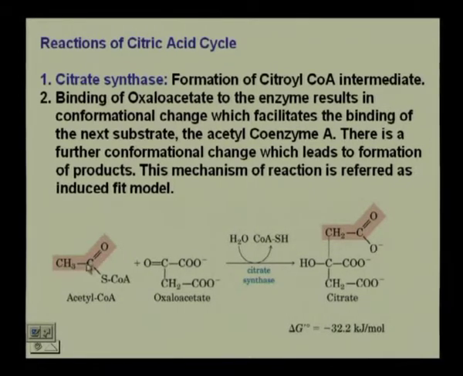So, when we have this acetyl CoA and we have oxaloacetate, oxaloacetate has 4 carbon atoms. We are adding acetyl to it. So, now this has 6 carbon atoms, okay. 4 from your oxaloacetate and 2 from the acetyl part of acetyl CoA. So, now we have synthesized citrate using citrate synthase.